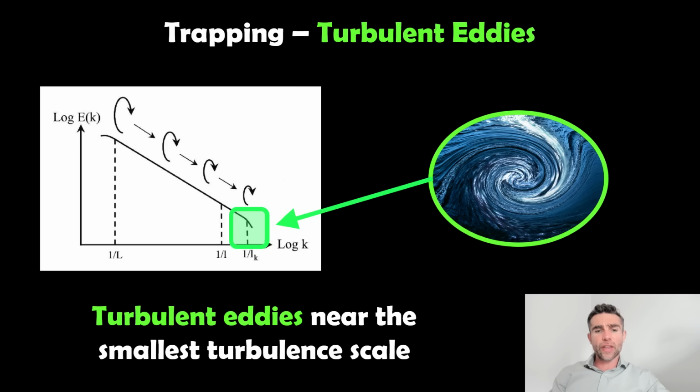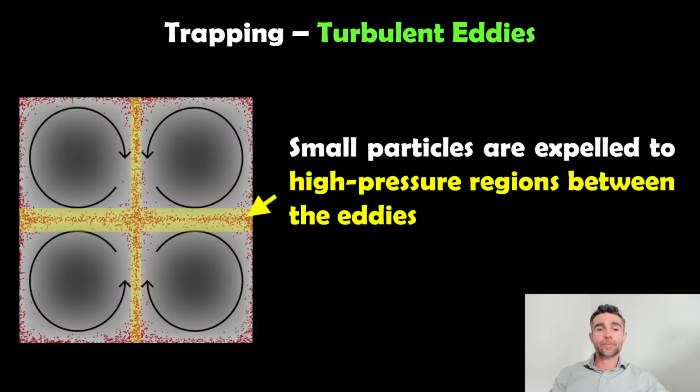I've got a graph there showing the size of the eddy and the energy involved. At the smallest turbulent scale, which is what we're interested in for these small particles, these can actually trap the particles in these very small eddies in the turbulent gas disk.